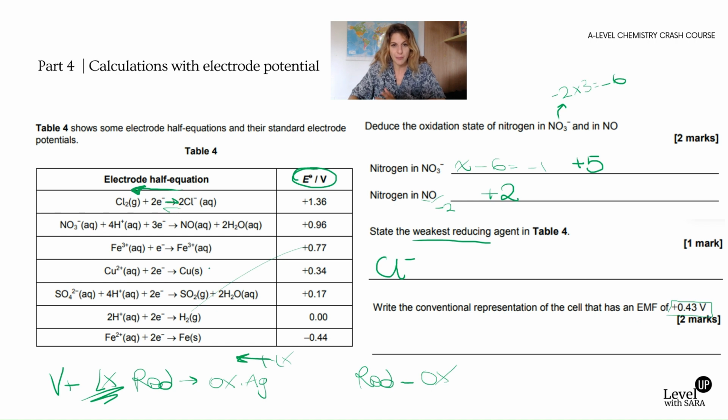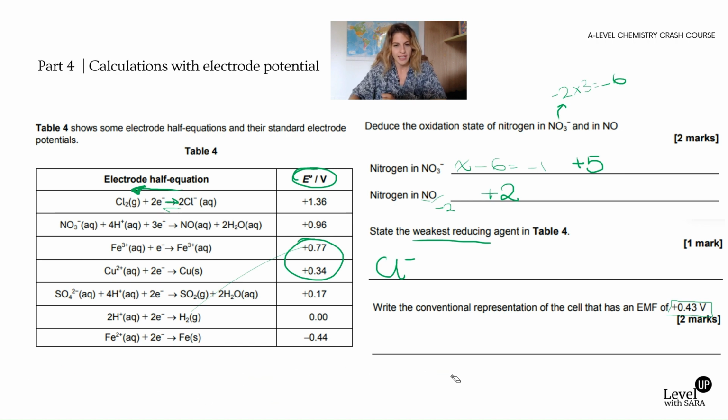Putting numbers together, I only see that the right ones could be these two. Because 0.77, this ion is the most positive, the most likely to gain electrons, so the other one will be oxidized. Let me clear the screen for a second so I have a little bit more space to draw it out.